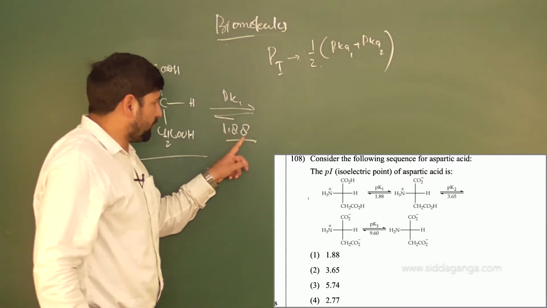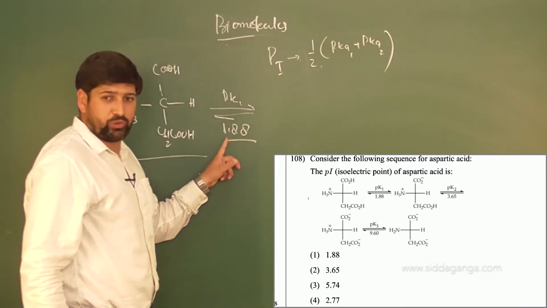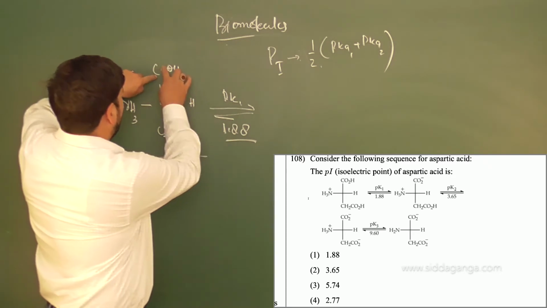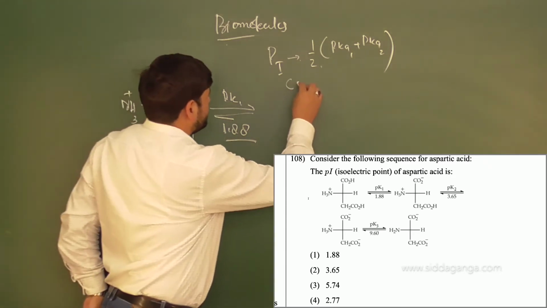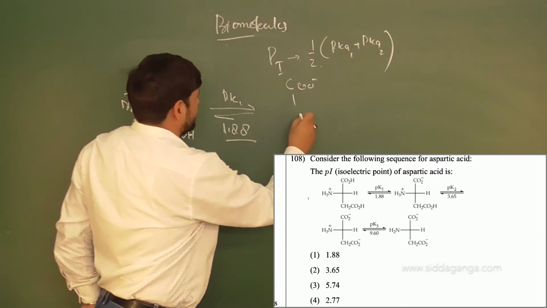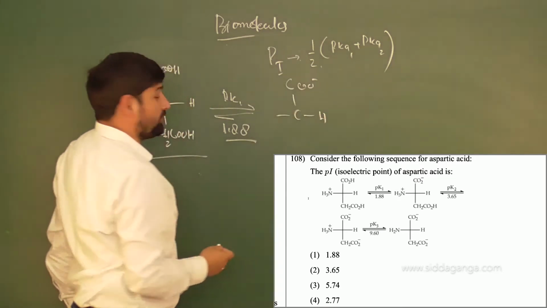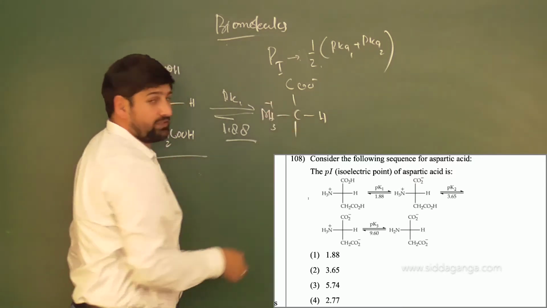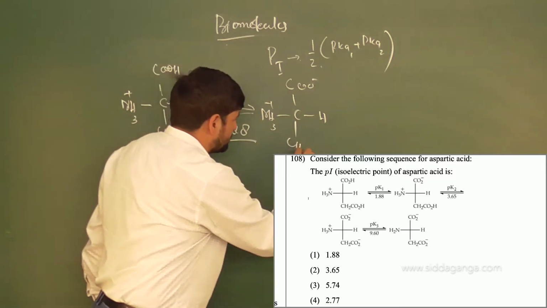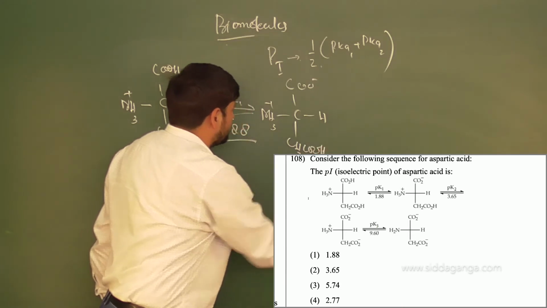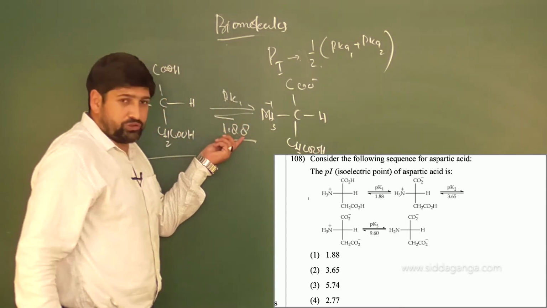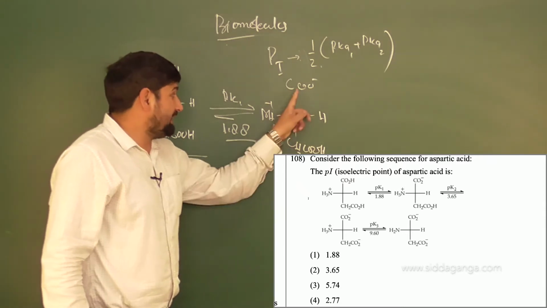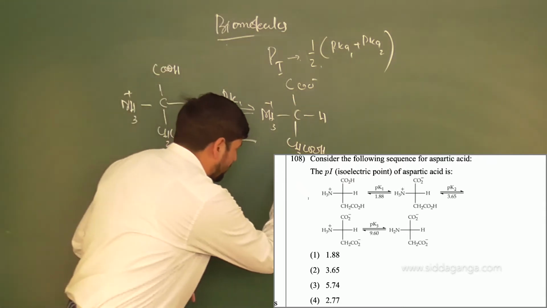When the pH of the solution is 1.88, we have dissociation, and the amino acid is in the form of COO minus, then C, then H, then NH3 plus on the other side, and then CH2COOH. So here the amino acid has two charges on it, but the net charge on the molecule is 0.